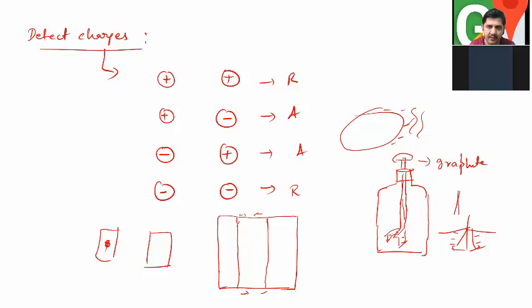But if a little charge is present, then the leaves diverge only by a smaller angle. The amount of divergence tells us how much charge the balloon was charged with. Is this clear? Yes. So this is what you call an electroscope, a device to detect charges.